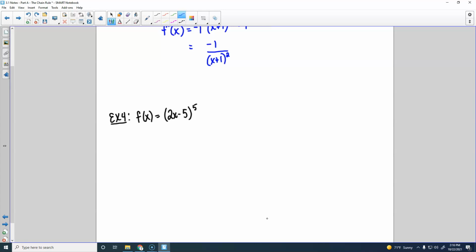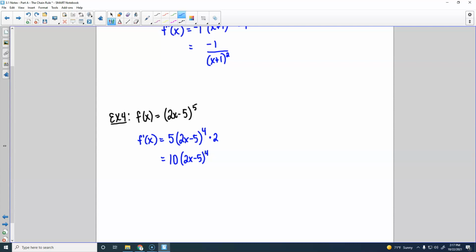The chain rule makes this so much easier because we would have 5 times 2x minus 5 to the 4th power. We will multiply that by 2. You'll probably combine your 5 and 2: 10 times 2x minus 5 to the 4th.